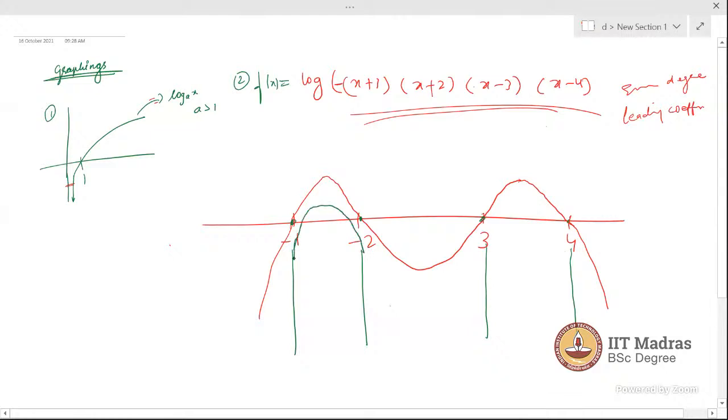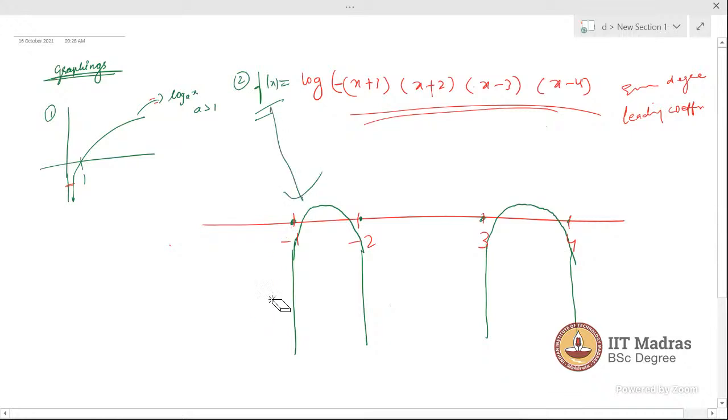And over here also, this is another positive region, so this bending might happen like this. That's all. This is the graph for this f of x. I mean, not just this, even this.